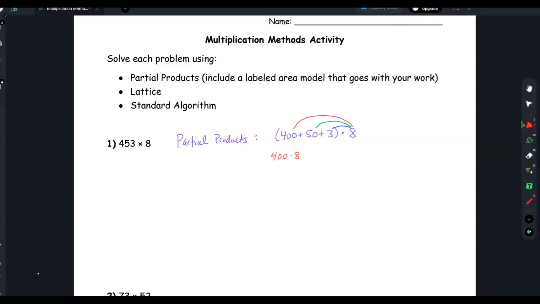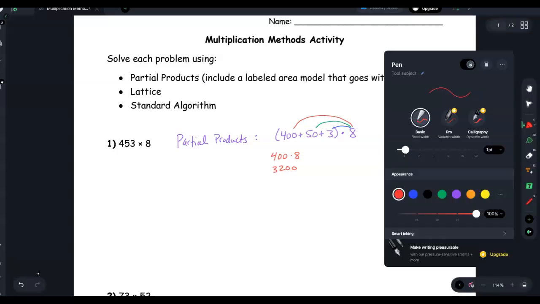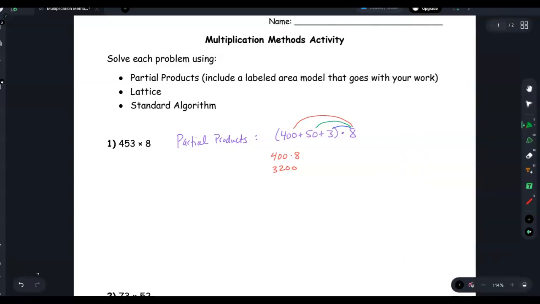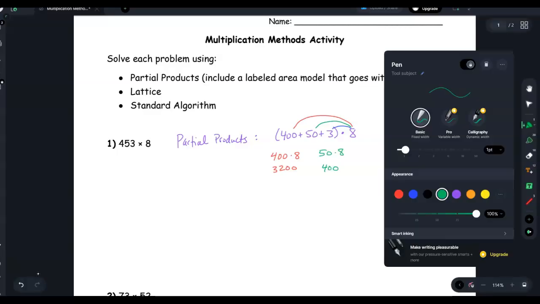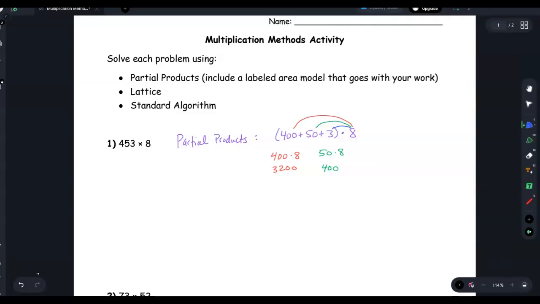So 400 times 8, that's just going to be 4 times 8 is 32, and then attach my 2 zeros. And then I have 50 times 8, 5 times 8 is 40, so this would be 400. And then finally, the 3 times 8, which is 24.